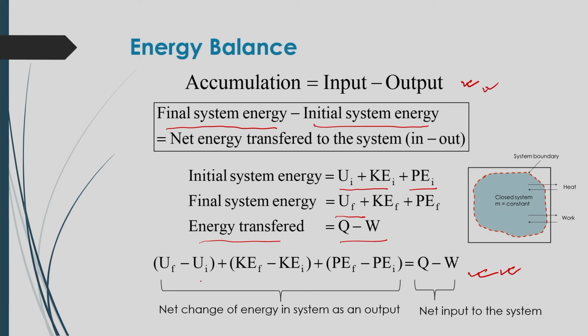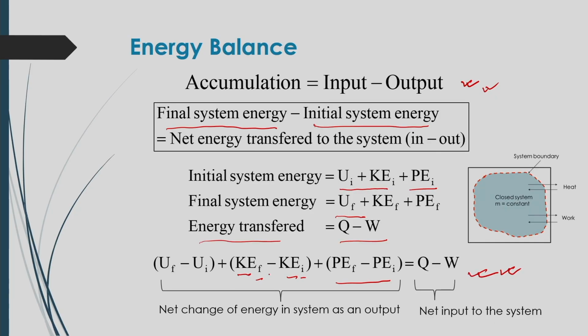Here U_f minus U_i is the internal energy change from initial to final. KE with subscript f is the final kinetic energy and KE with subscript i is the initial kinetic energy, so the kinetic energy changes from initial to final. Similarly, potential energy may also change from initial to final.